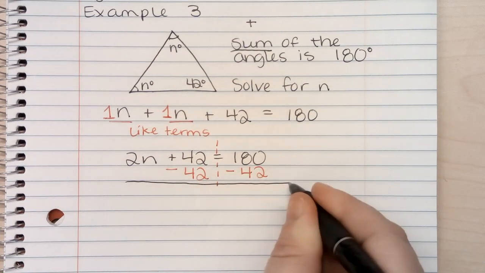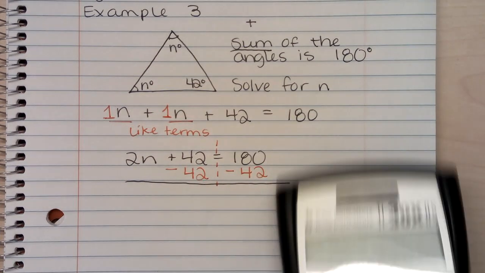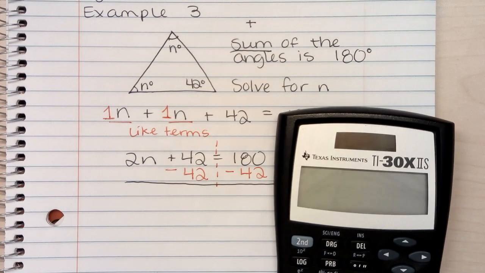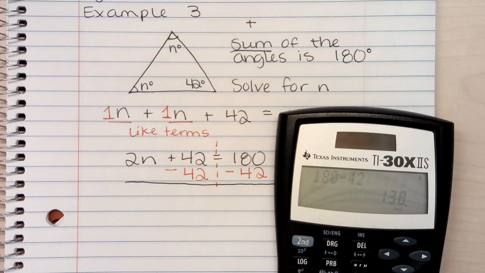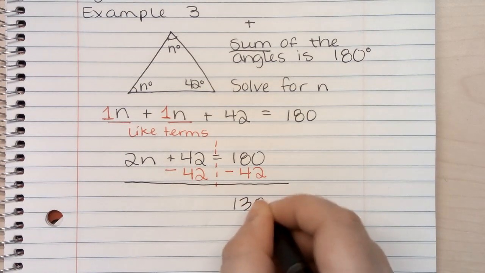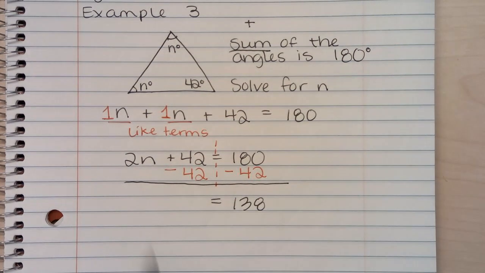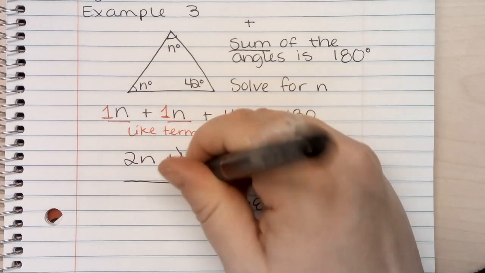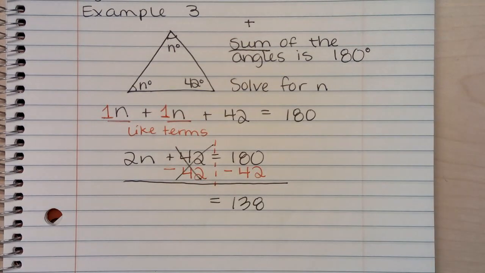All right, 180 minus 42 is 138. And remember, on this side, we have our 42 minus 42 cancels out.